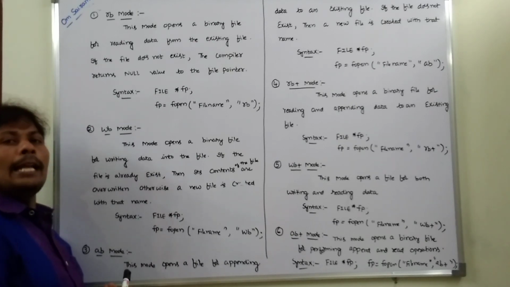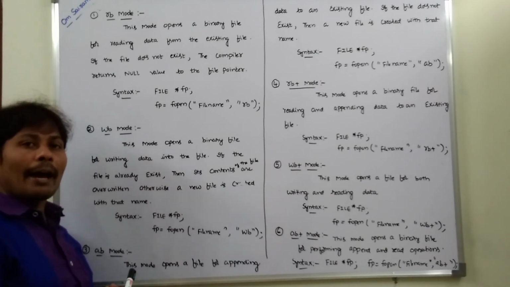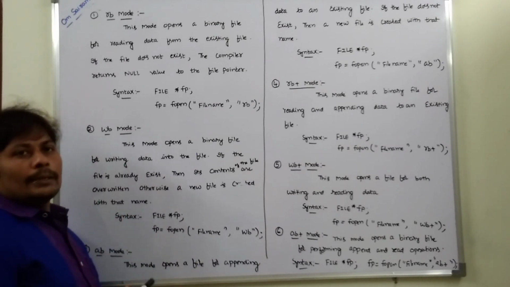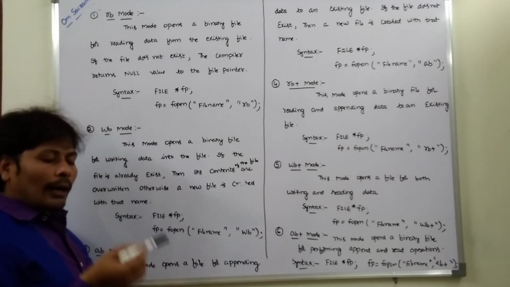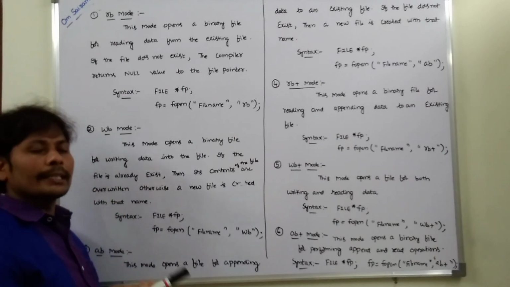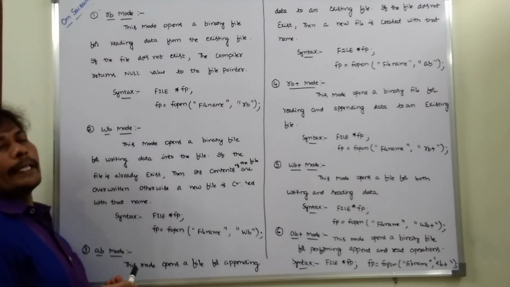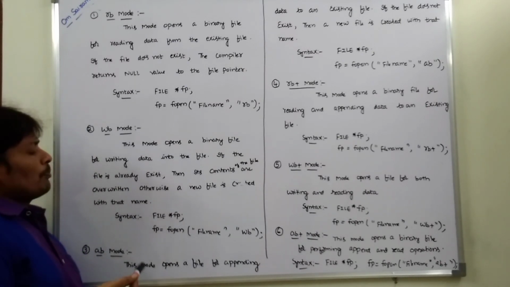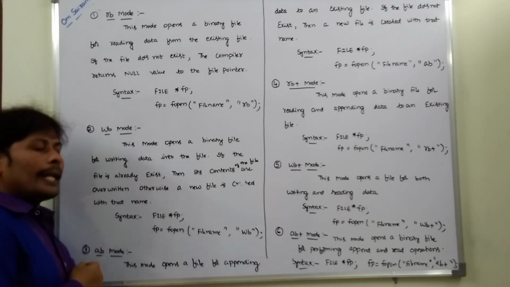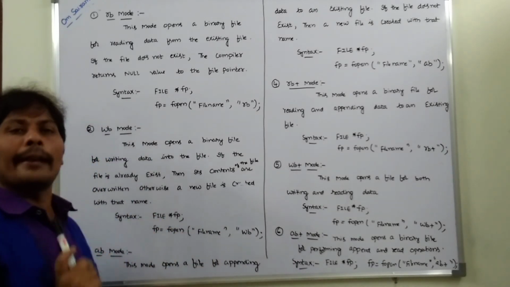If the file already exists, then the data already stored in the file is overwritten with the new data that is to be stored in the given binary file. If the file does not exist, then a new file is created with this name.